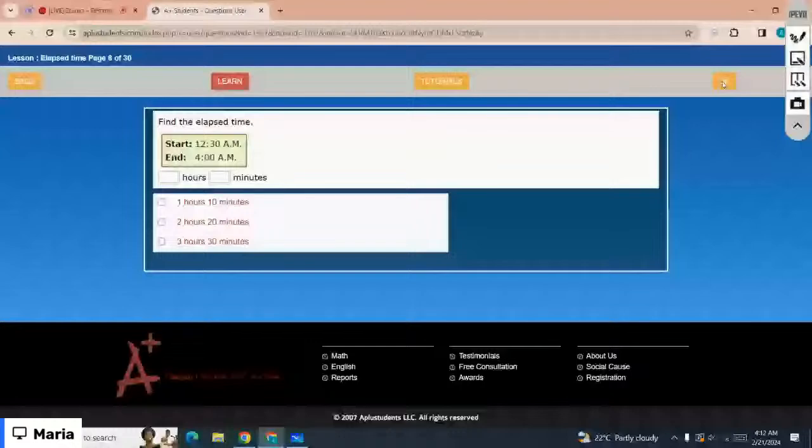Okay, the next one is find the elapsed time. 5:15 a.m. and the end is 5:45 a.m., which is the correct option?